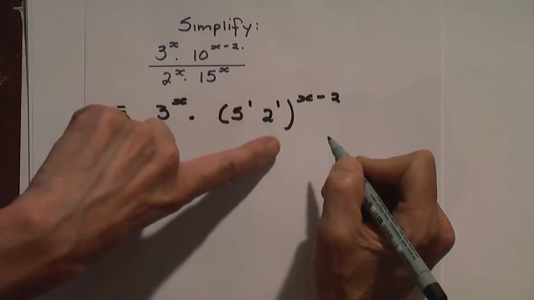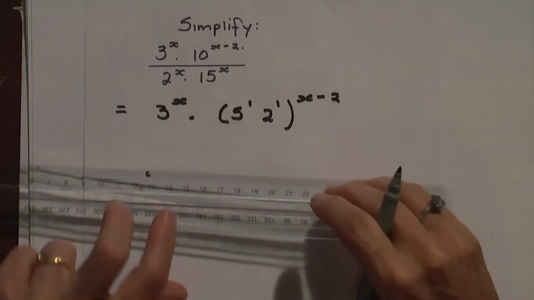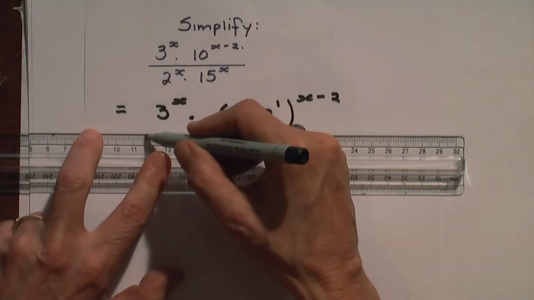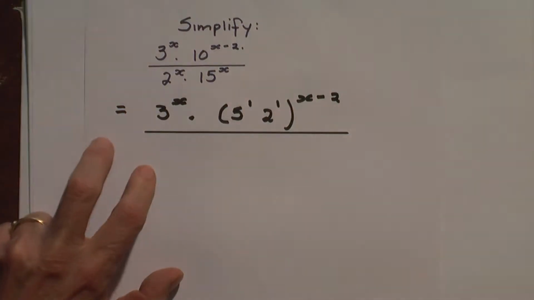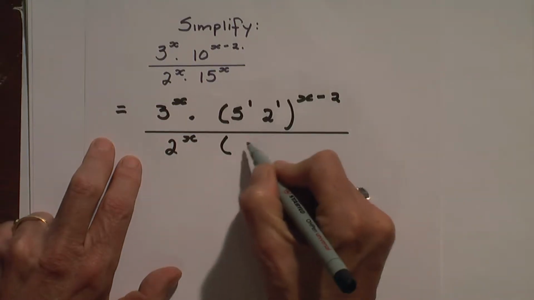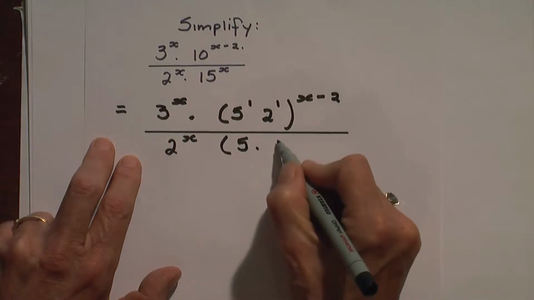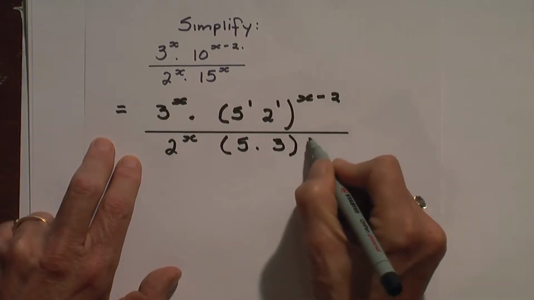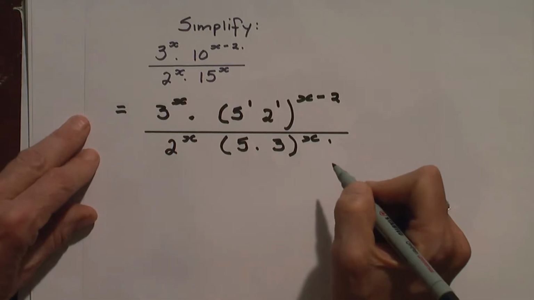Now this 1 and that 1 is clearly not needed there, but I'm putting it there to remind you you've got to use that power rule. Okay, so now let's carry on. 2 I'm happy with. 2 to the x. 15 must become 5 times 3. Again, prime factors to the power of x.